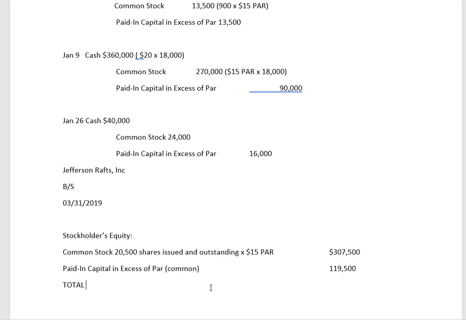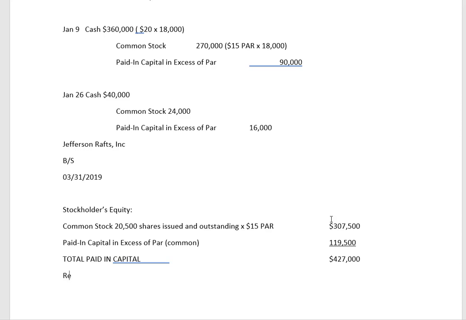So here my total paid in capital is the sum of those two. If I add those two up, I get 427,000, right? That's just the sum of these. That is what I call my total paid in capital. Then I also have retained earnings, right? That's part of stockholders' equity. And they tell me retained earnings is 55,000.